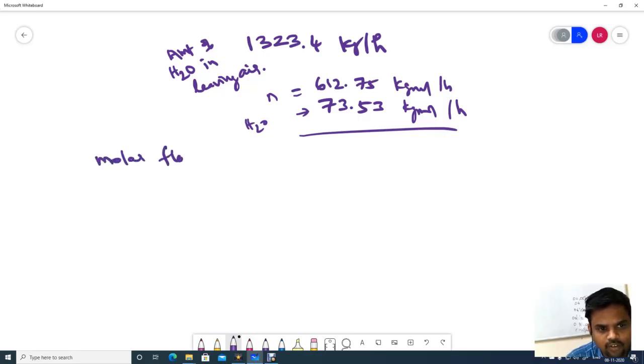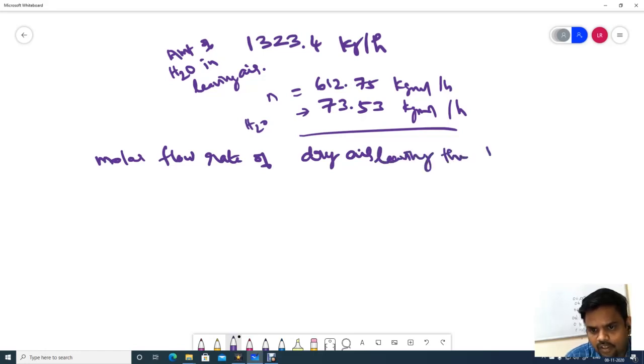Molar flow rate of dry air leaving the equipment or dryer. So what is the molar flow rate of dry air leaving the system? A total of 18,000 meter cube of volume is leaving. From PV equal to nRT, we calculated the N value of 612.75 kgmoles per hour, and the amount of water associated with it is 73.53, which is 12% of it.